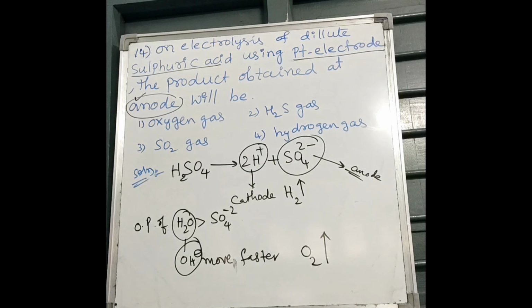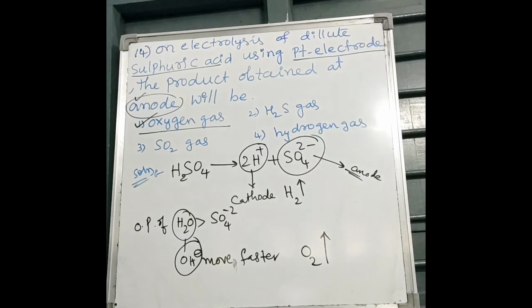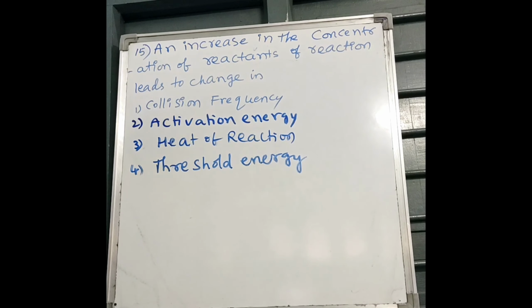This is the reason why oxygen gas is liberated at the anode during electrolysis of dilute sulfuric acid using platinum electrode.